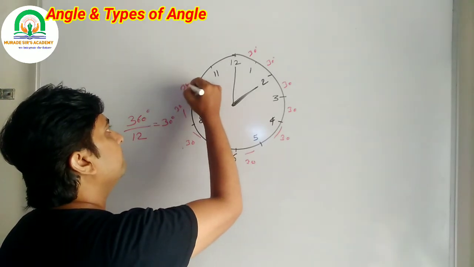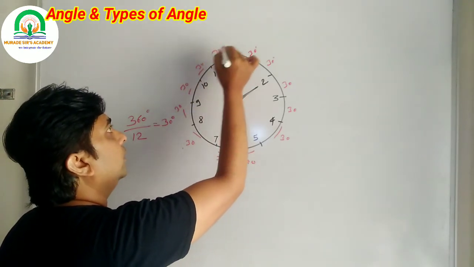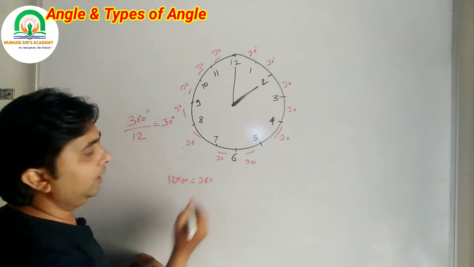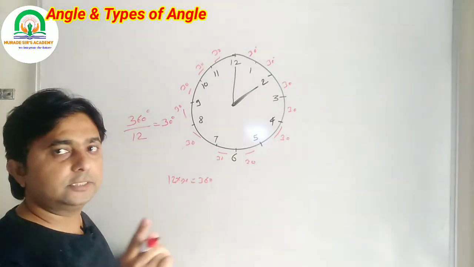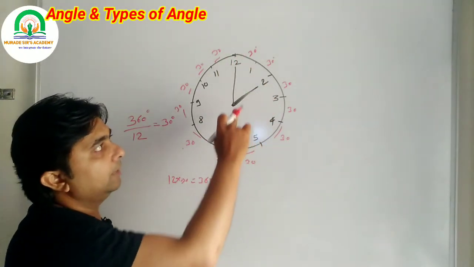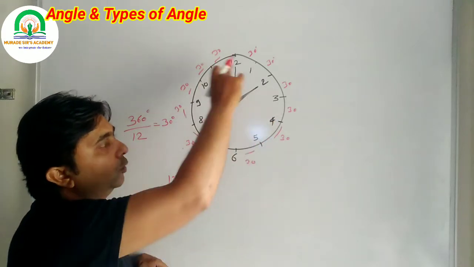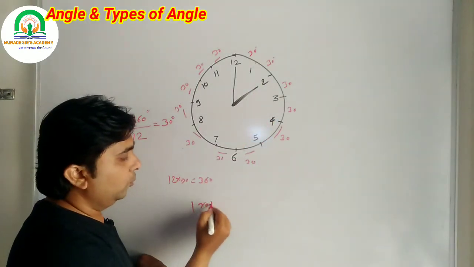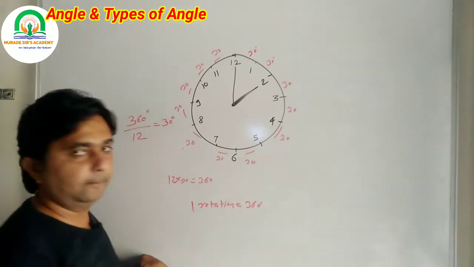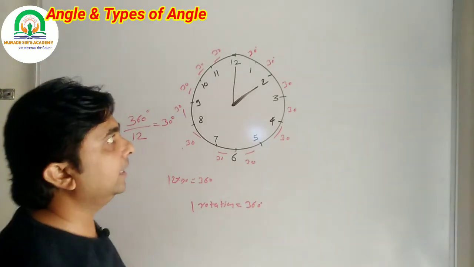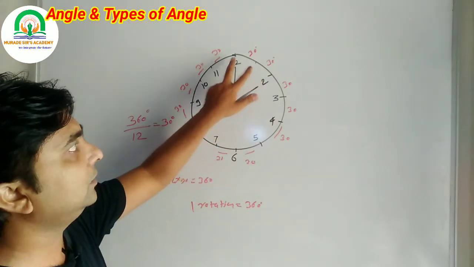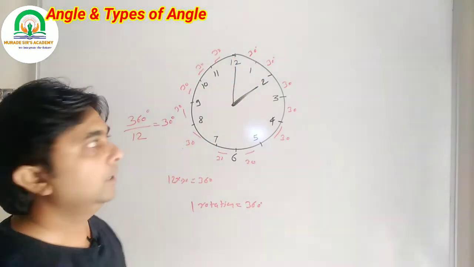This is 30. How many 30s are there? 12, so 12 into 30. One rotation of the circle is 360 degrees, which means our minute hand rotates one rotation, around 360 degrees. The angle between two numbers is 30 degrees.